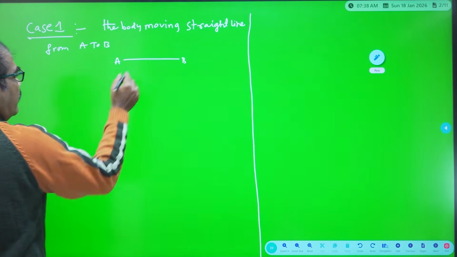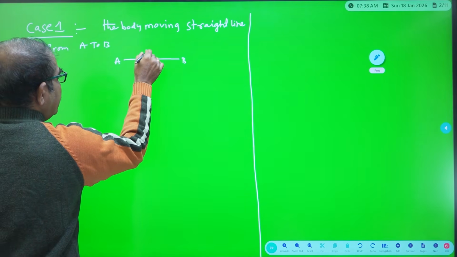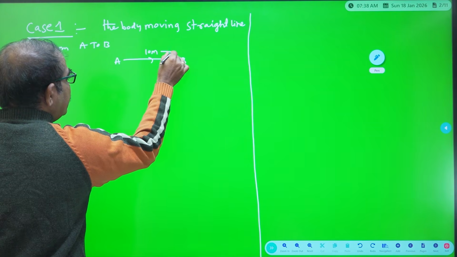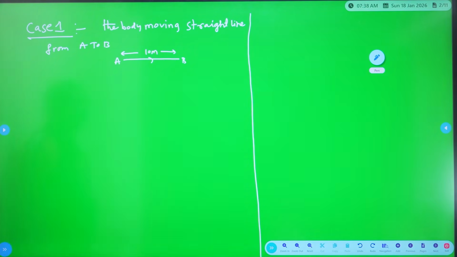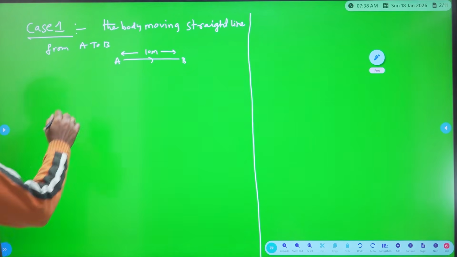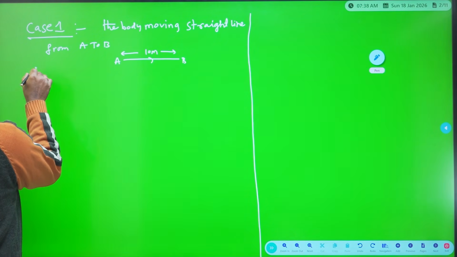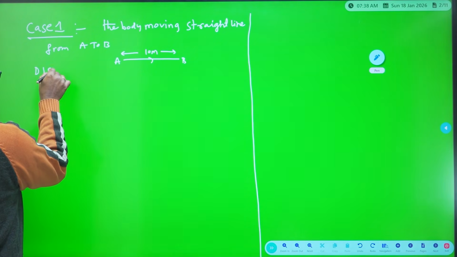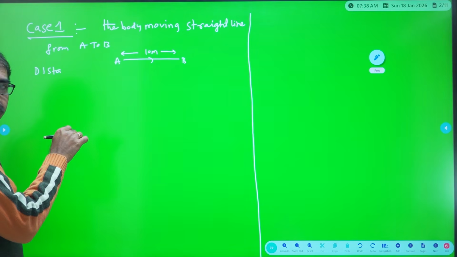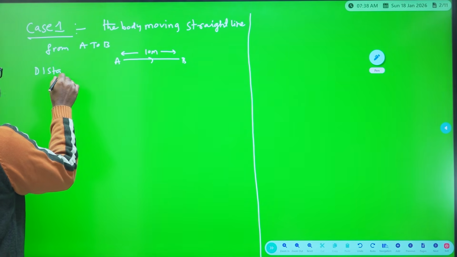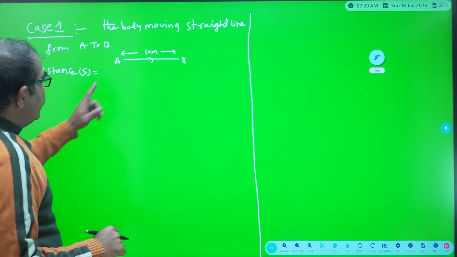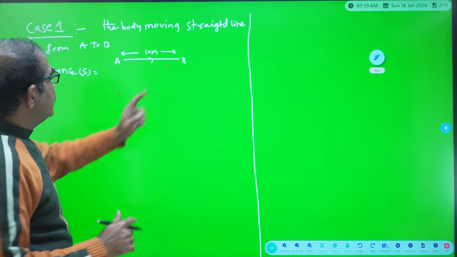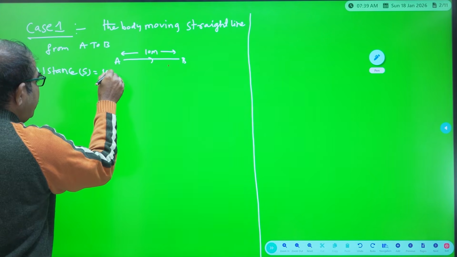For example, length is 10 meter. So find distance. Distance S is equal to A to B, from A to B, that is 10 meter.